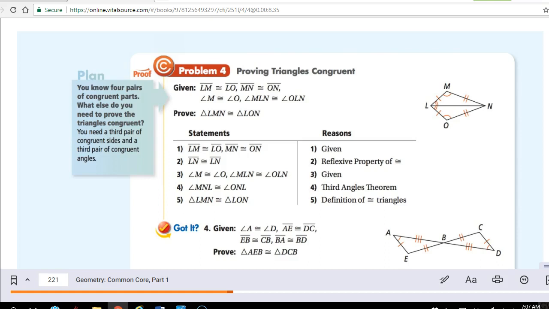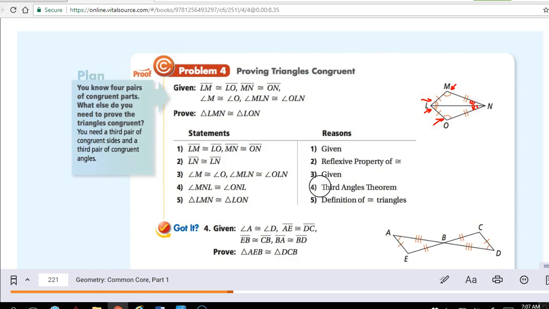Now, the only angle that we don't know is angle MNL, which is this top one right here, and the one below it. Let me mark those with triple tick marks; that is congruent to that. The reason is that if you know two angles of a triangle, you automatically know the third. So if these two are congruent to these two right here, then the third ones have to also be congruent.